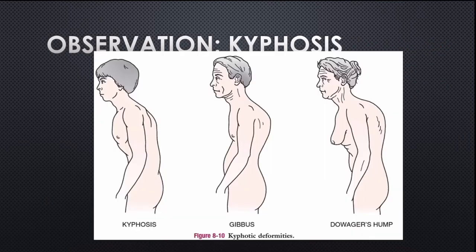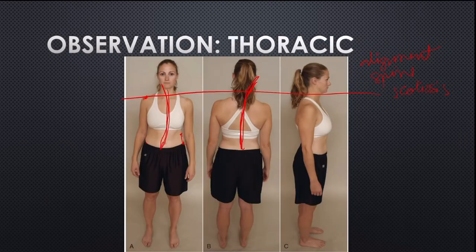For the lateral region, the thoracic region has maintained the primary curve, right? The primary curve is your what? Kyphotic. And we say primary curve because during gestation, when we are still in our mother's womb, we tend to position ourselves in this position, right?